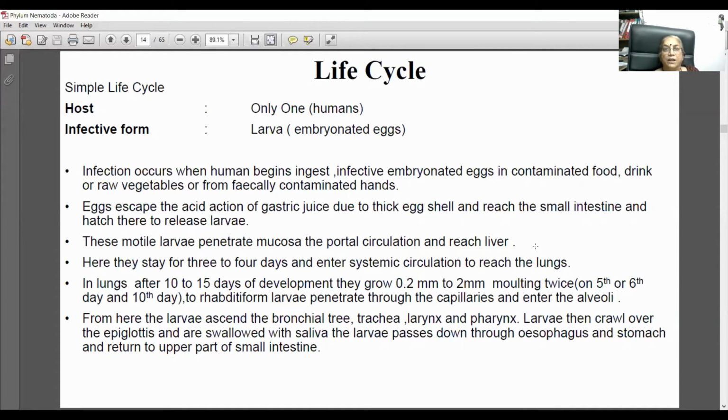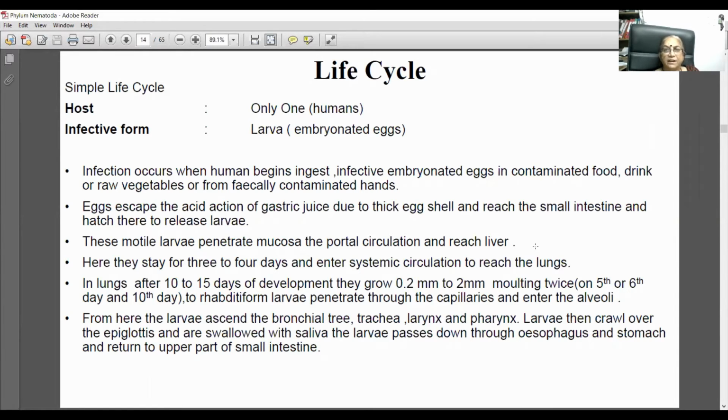Thirdly, washing all the fruits and vegetables that are bought from the market two or three times with water. Then only can the eggs be removed, and you are away from contamination because you remove it by washing.